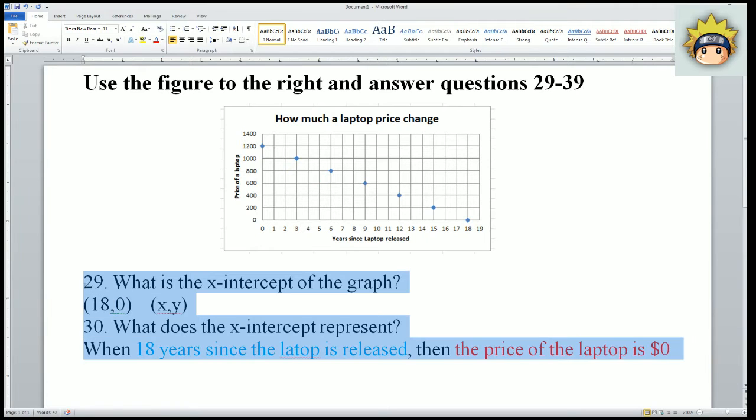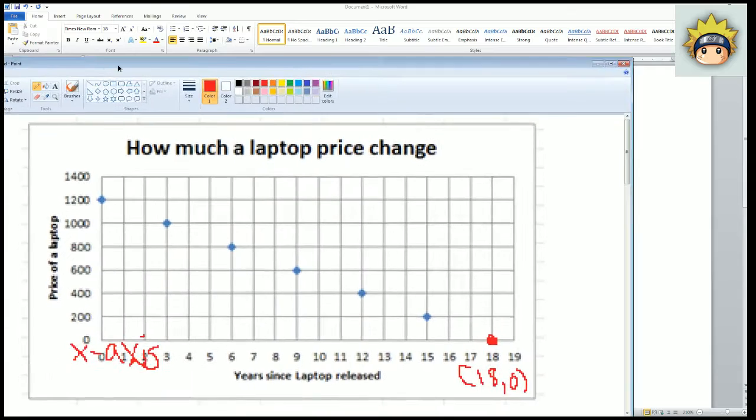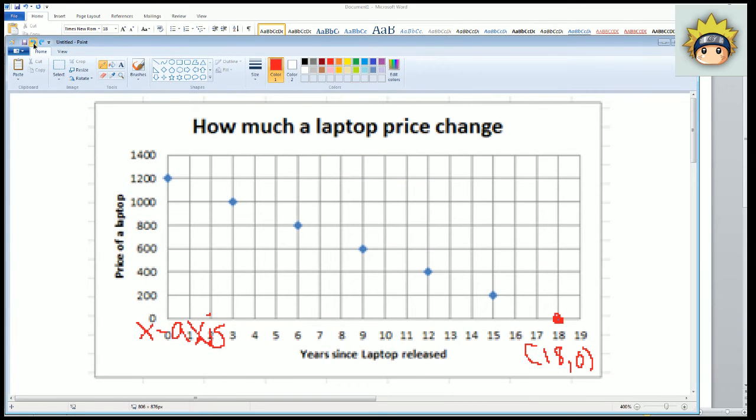Next one. 31 asks us for the y-intercept. So let's go back here and look for the y-intercept. The y-intercept refers to the point where it crosses the y-axis. The up and down is called your y-axis.